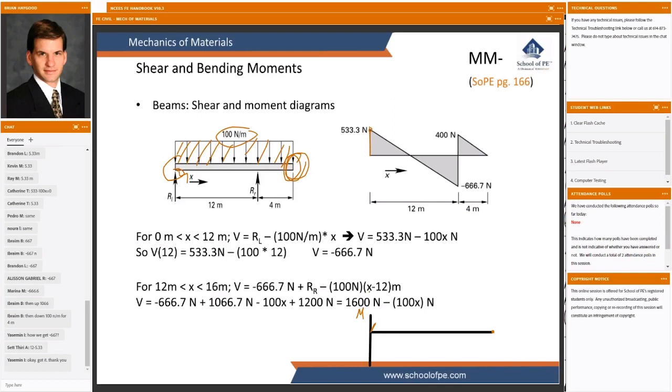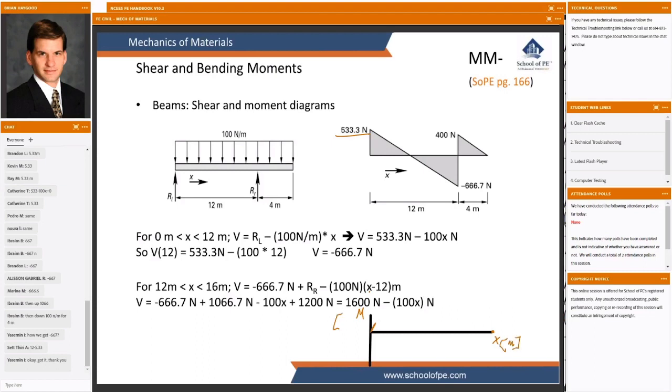In this case, though, we're going to start our moment diagram at 0, and we see a slope of 533 newtons. I'm guessing that 533 newtons doesn't sound like a slope to most people. What would the slope of our moment diagram be? Our moment diagram is plotting moment versus x. X is going to be in meters.